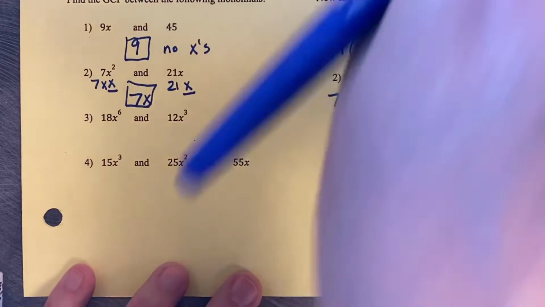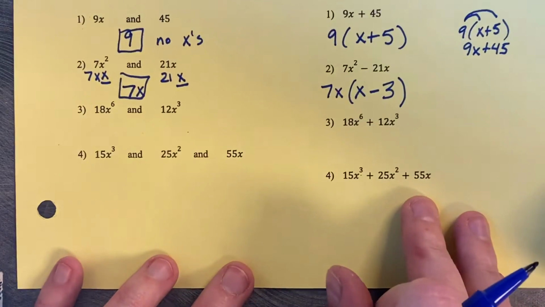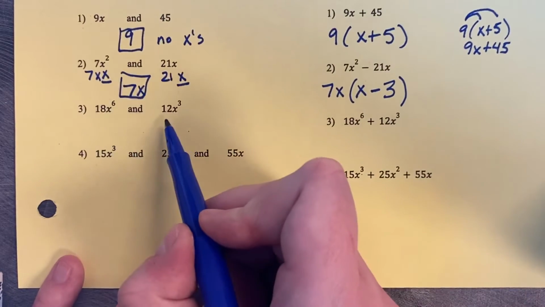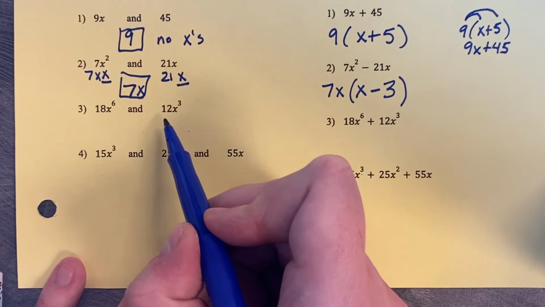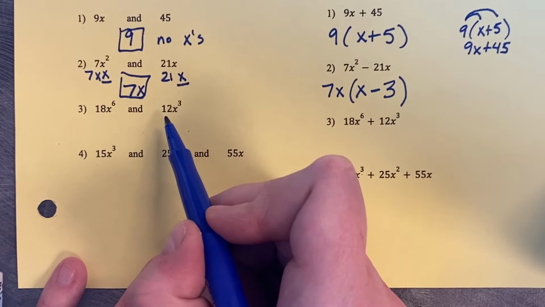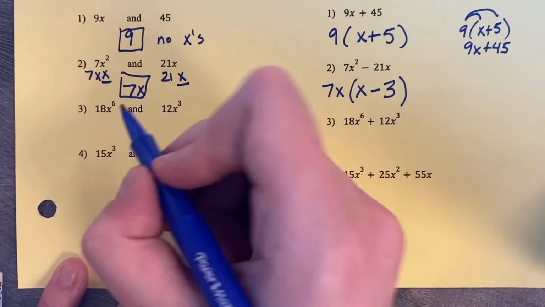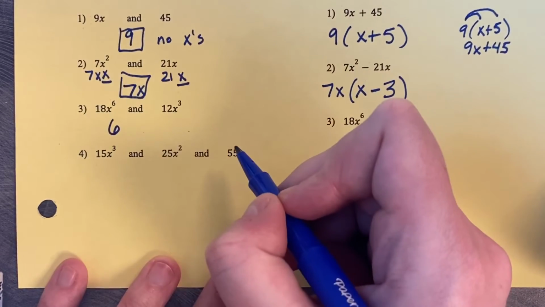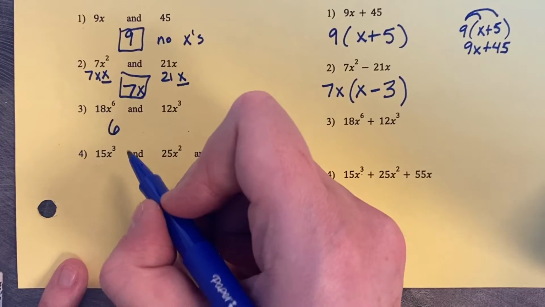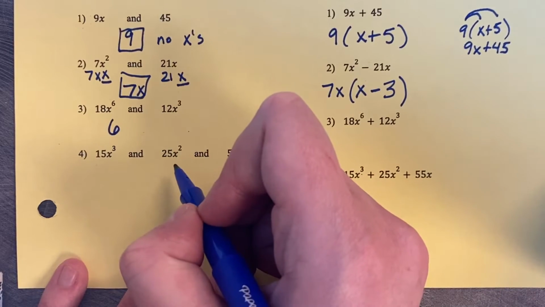Let's try another one with larger exponents. What's the greatest common factor between 18 and 12? Well, they both divide by 2, but that is not the greatest common factor between them. The greatest common factor is 6. 6 divides 18, and 6 divides 12 evenly.